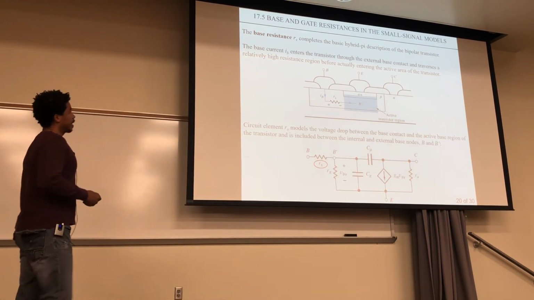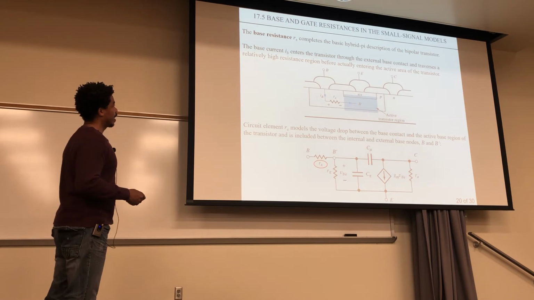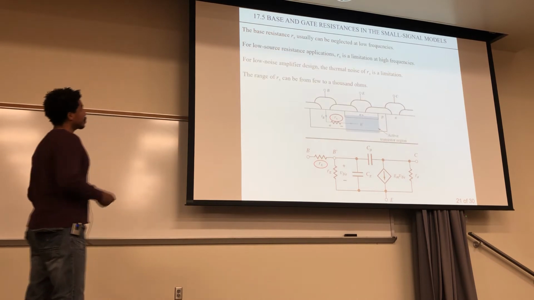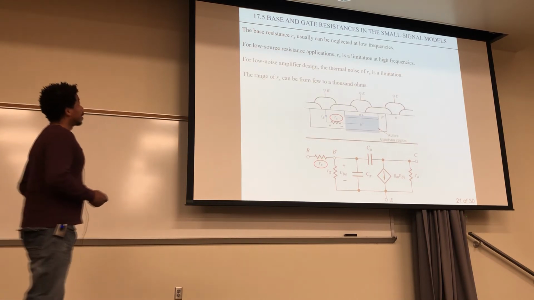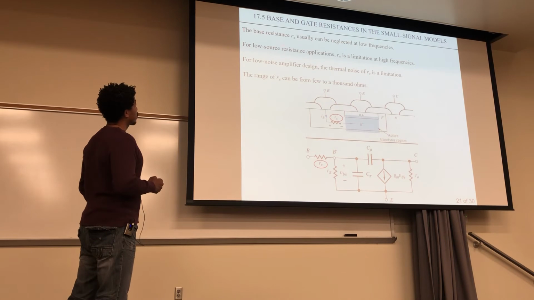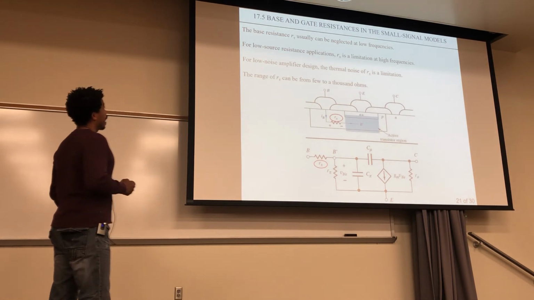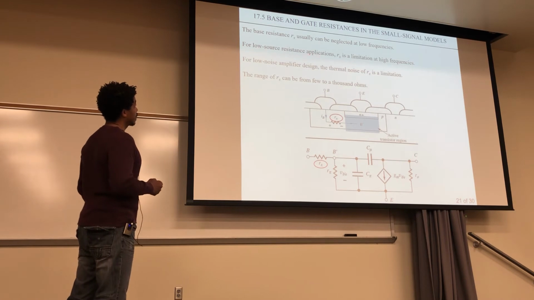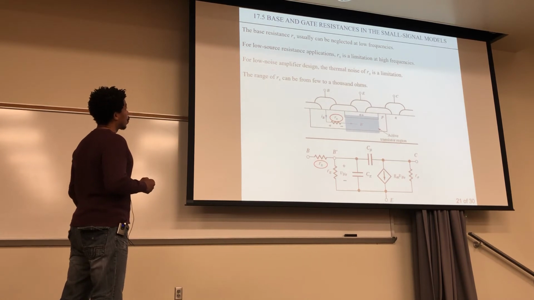Now this base resistance usually can be neglected at low frequencies, but for low source resistance applications, Rx can be a limiting factor at high frequencies. For a low noise amplifier design, the thermal noise within Rx could be a limitation. And the range of Rx is typically between a few and 1,000 ohms.